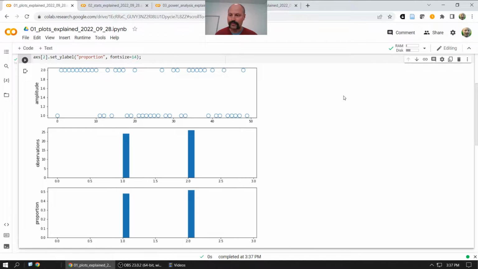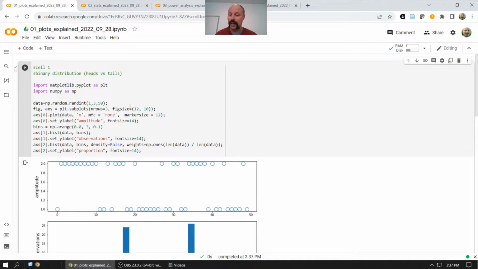What we did is precisely generating randomly varying data of 50 elements. And there are just two options for the value of the data. It is either 1 or 2, and it is random.